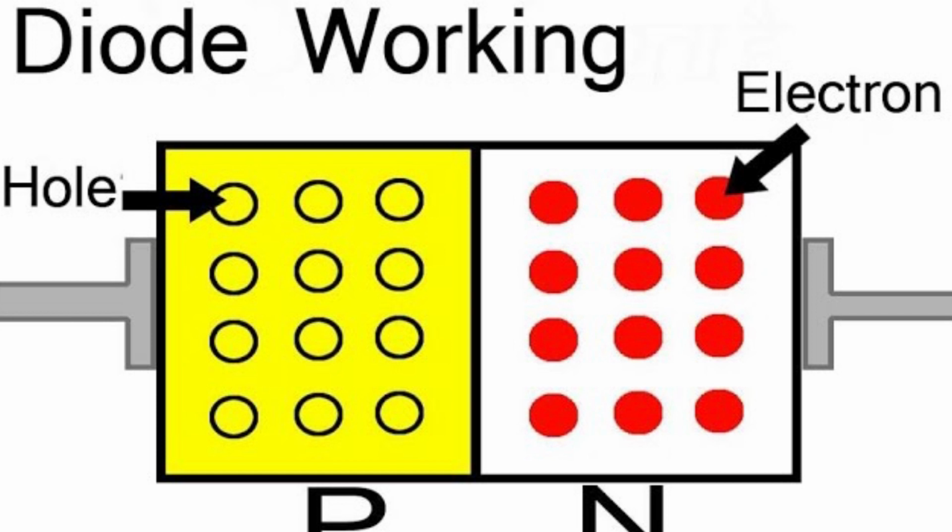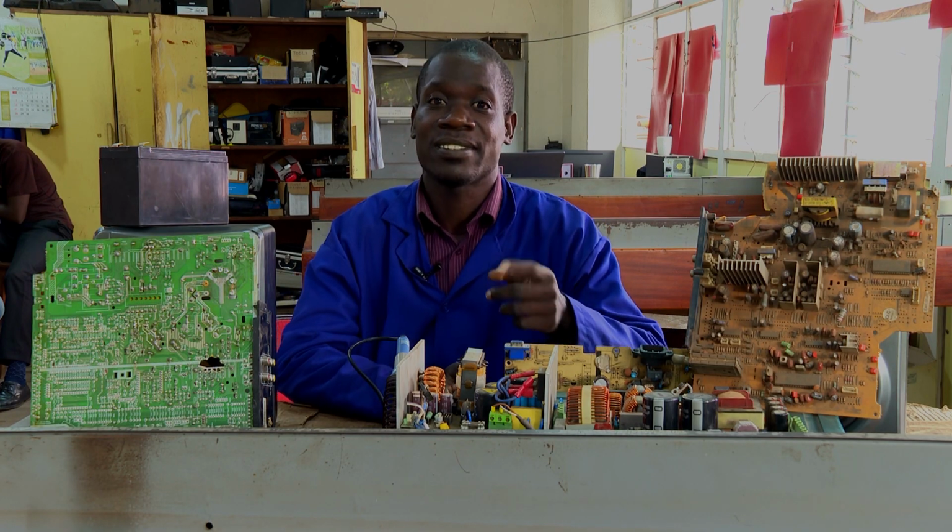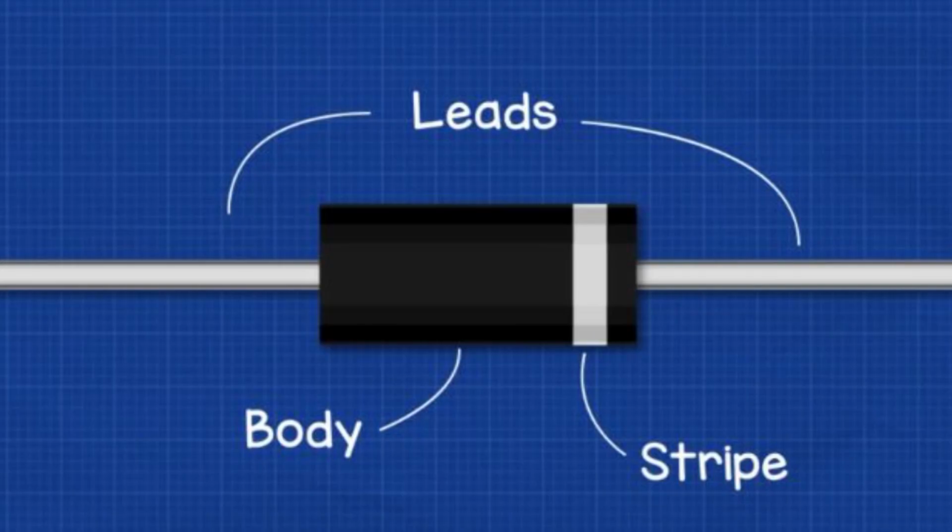Now, remember that this diode is made out of 2 leads, the anode and the cathode. You have to know very well that the cathode is the part where there is the white strip, and the anode is where there's a black strip.